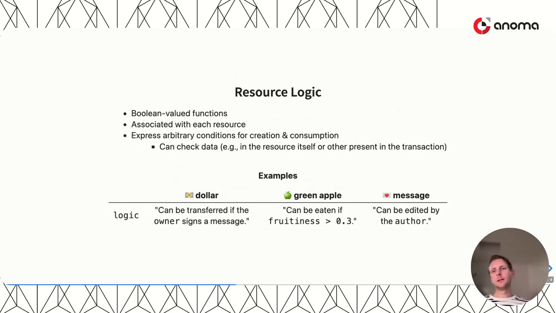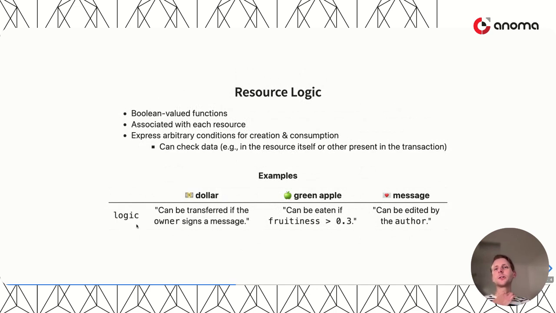For example, a dollar would have a logic that ensures that it can only be transferred to someone else if the current owner signs a message and authorizes this explicitly. A green apple, for example, can only be eaten if its fruitiness is high enough. And a message resource can only be edited by its author.